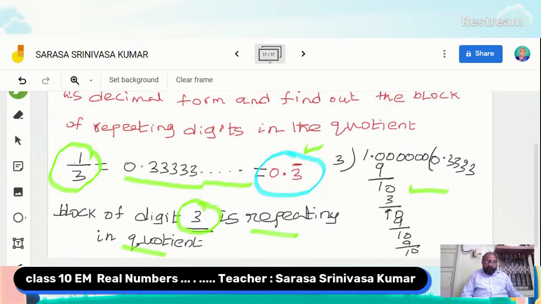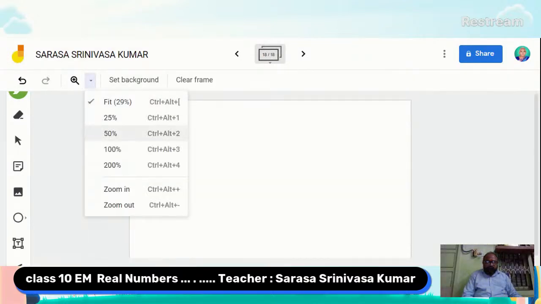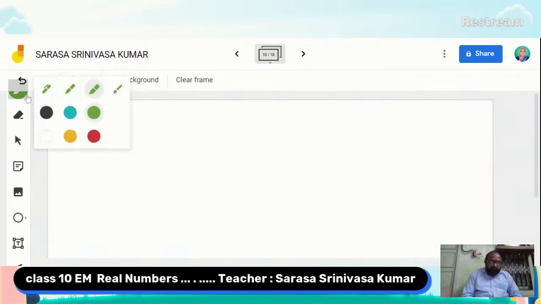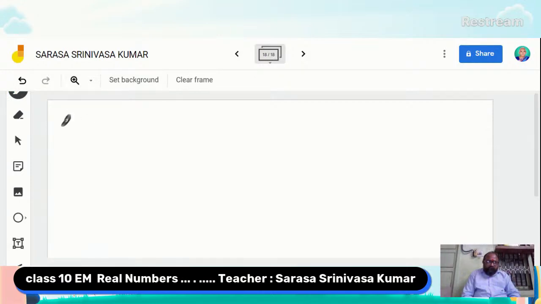And now we consider the next problem. 2 by 7. The second problem is 2 by 7. Students, you must divide it by 7. 2.0000000 and so on. I can write 7 into 20, 0.2.